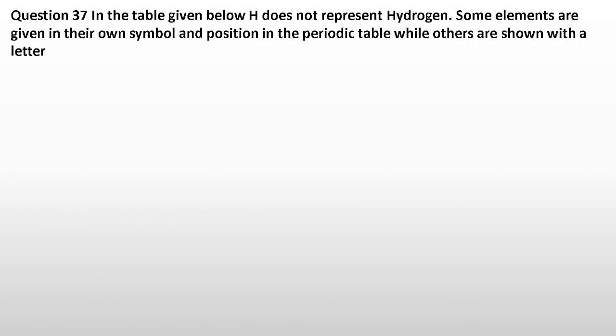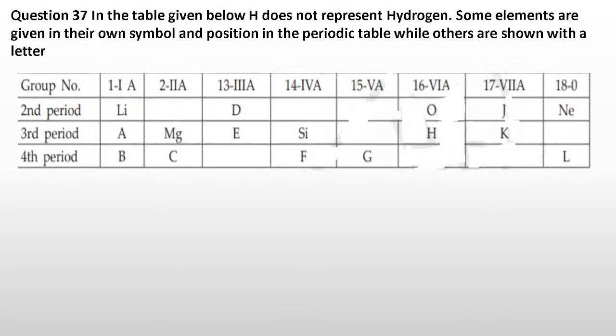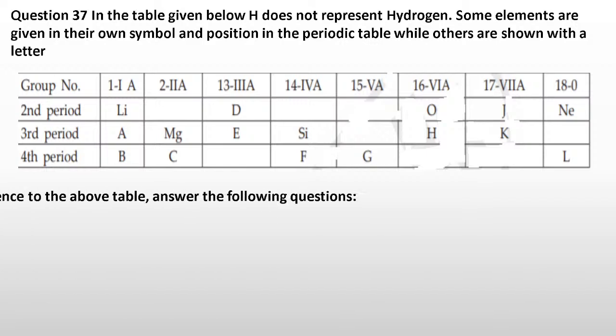Coming to the next question, number 37. In the table given below, H does not represent hydrogen. Some elements are given in their own symbol and position in the periodic table, while others are shown with a letter. Please look at this table closely and then answer the questions.